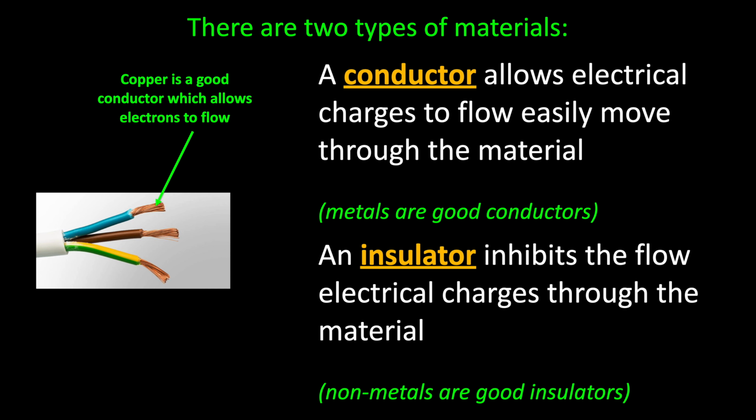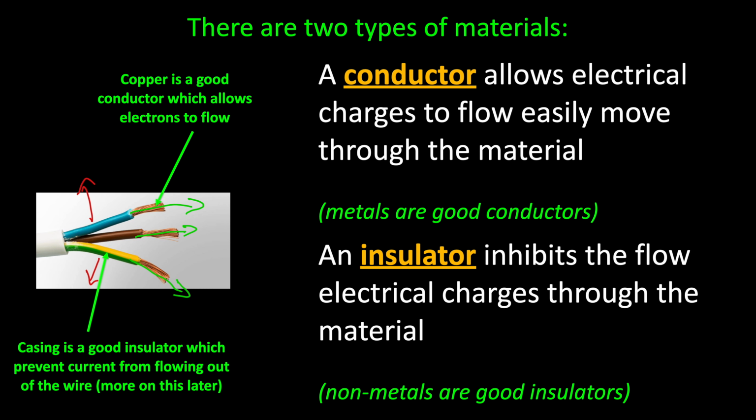We also see a plastic covering to the wire, and this prevents charge escaping in other directions, in this direction and this direction, and charge is only allowed to flow as a result in these directions. These casings are extremely important as they prevent charge escaping the appliance and potentially electrocuting someone.